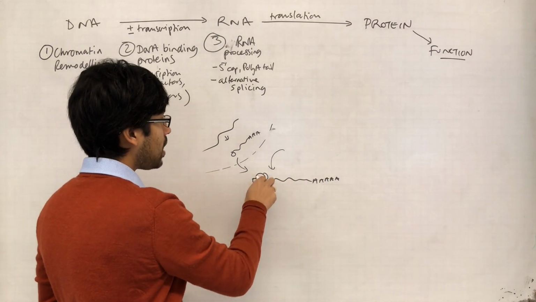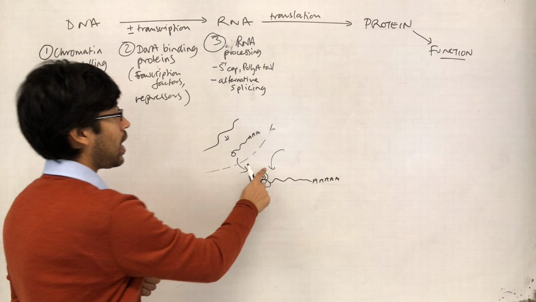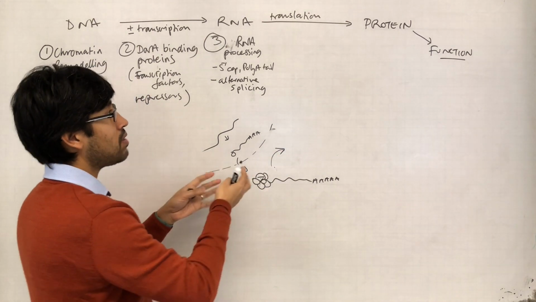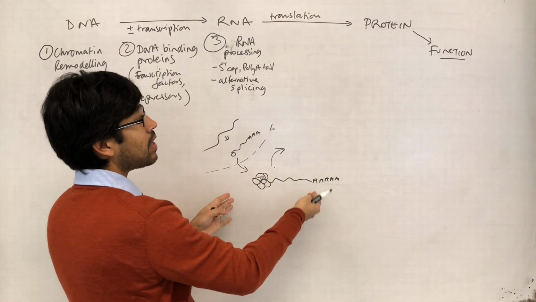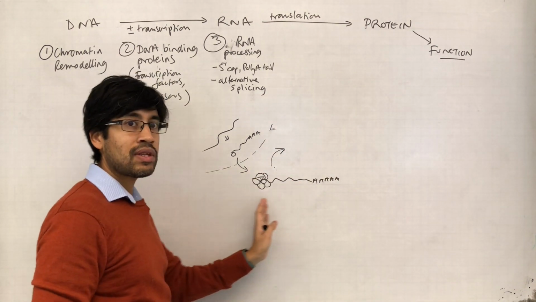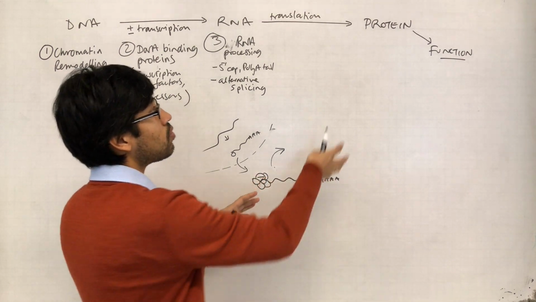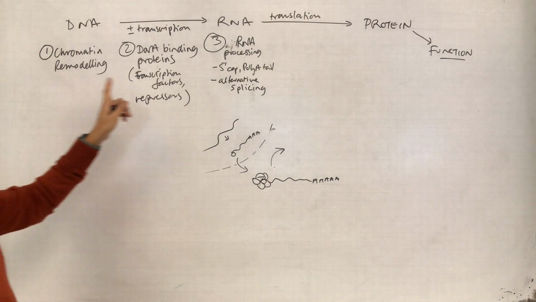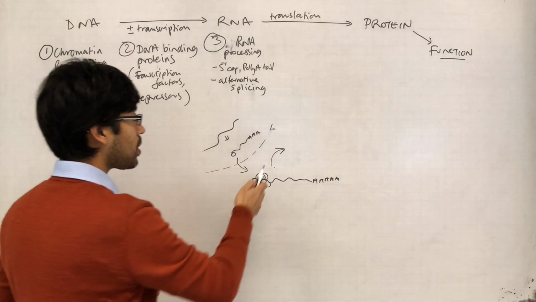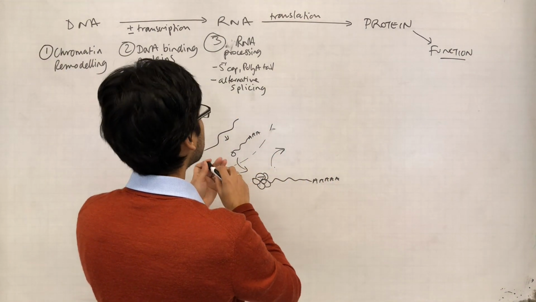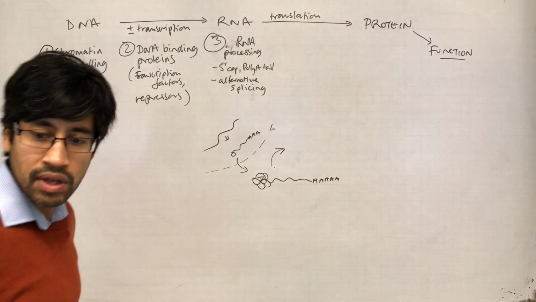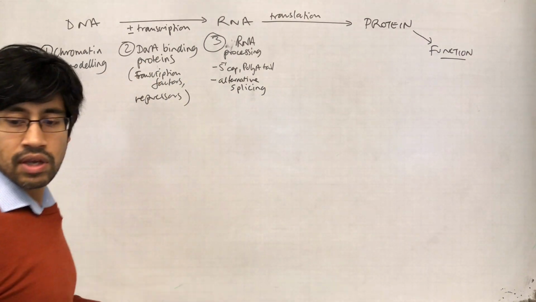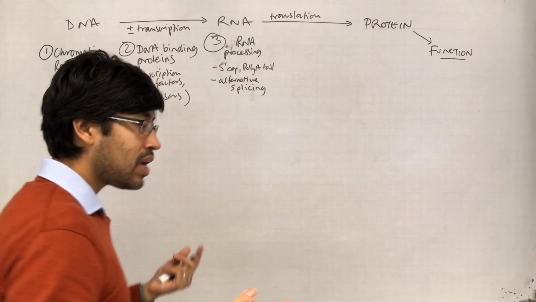Or these proteins could be acting in a negative way and preventing the ribosome from binding the mRNA, and therefore even though the mRNA is there, we might get less translation of the mRNA, and therefore less protein production, and therefore less gene expression. Okay, so that's the point there, that even at the stage of translation, these mRNA binding proteins can act in a positive or negative way.